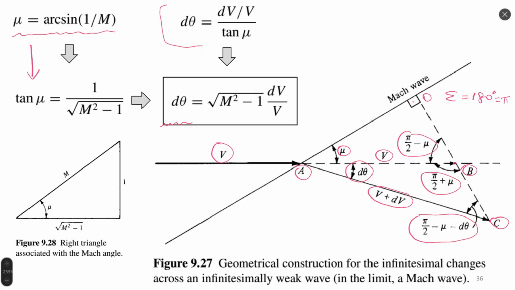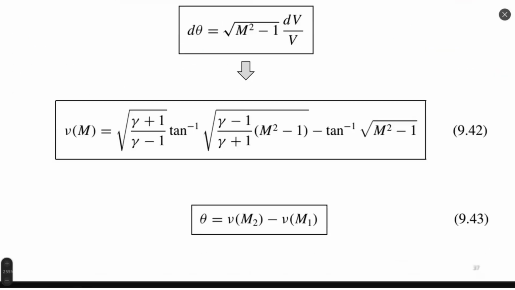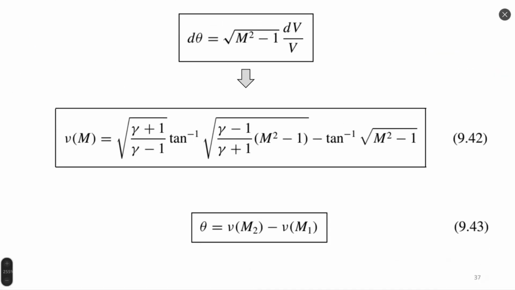Luckily, due to the works of Prandtl and Meyer, we have an analytical solution of this equation. After a few transformations, which Anderson also involves, such as the transformation that makes the transition from velocity to Mach number, and since we must also have some definition of gas properties, gamma also appears inside such a formula.